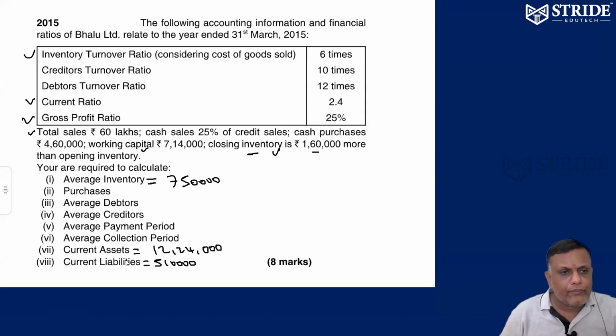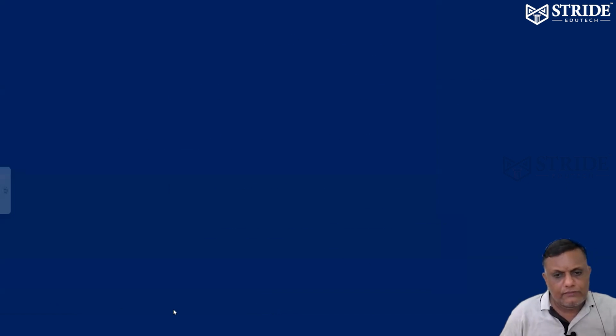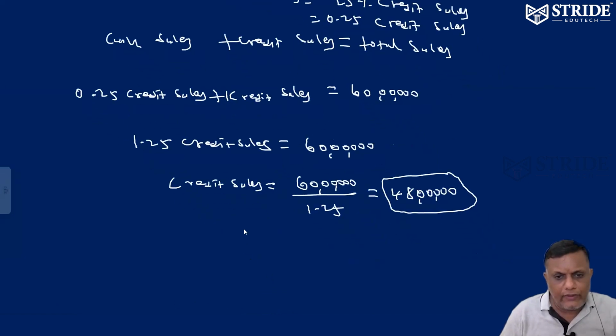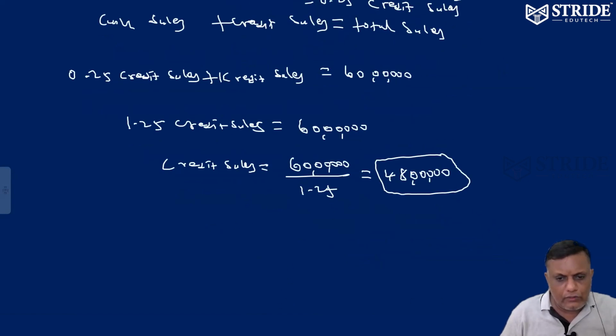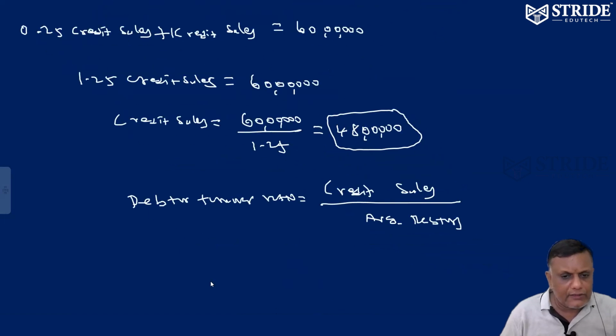Once credit sales is known, then automatically I can go with the debtor turnover ratio. Debtor turnover ratio is equal to credit sales by average accounts receivable, or average debtors.